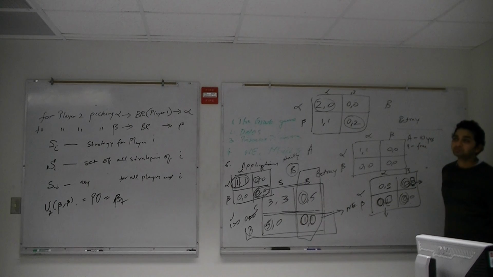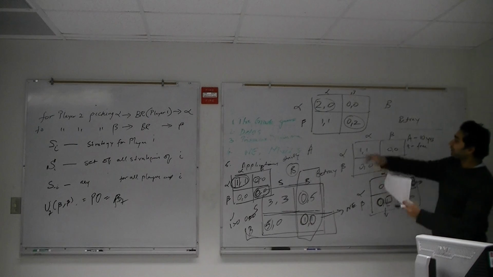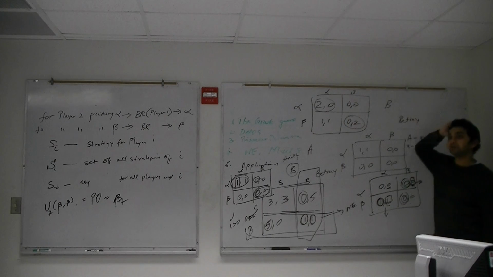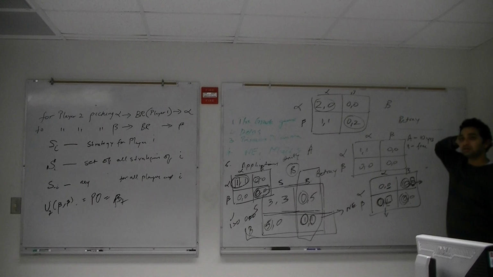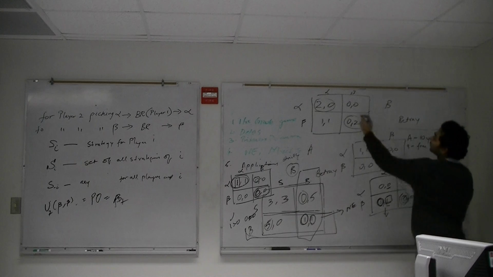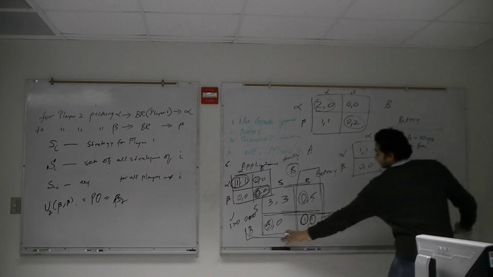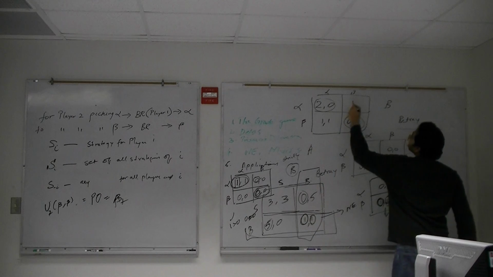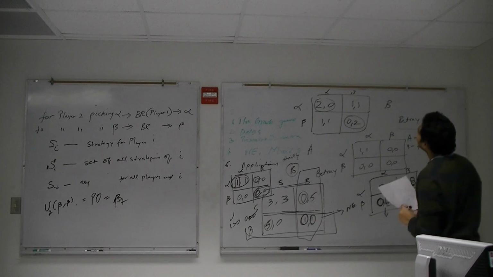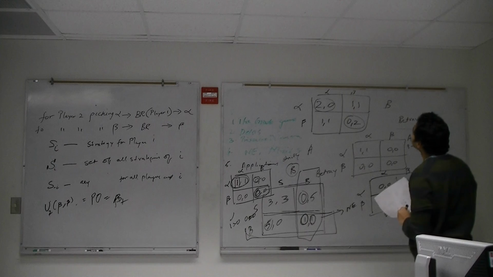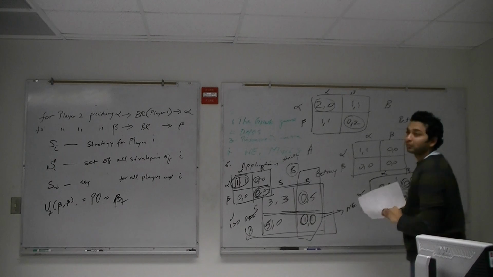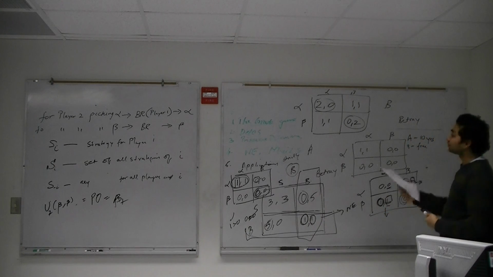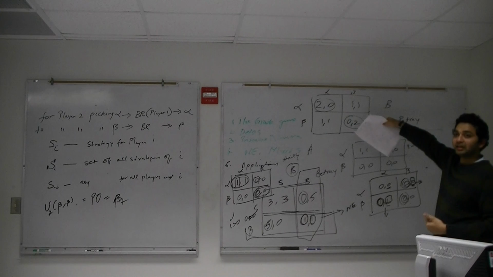And if we change, for example, 0 0 to 1 1, do you get what I'm trying to do? Okay. And the lower corner doesn't work anymore. This particular payoff won't have any effect, right?